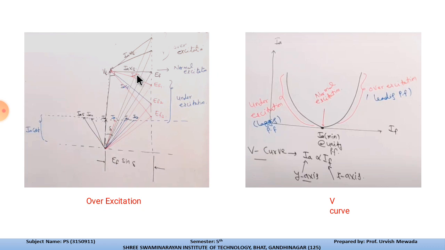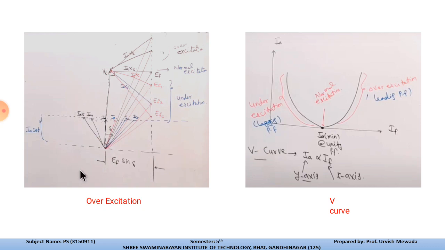Over here you can see the straight line which indicates the normal excitation mode, and when Ef is greater than Vt, it is called the over excitation mode. At normal excitation, Ef and Vt are similar, and when Ef is greater than Vt, it is called the over excitation mode.